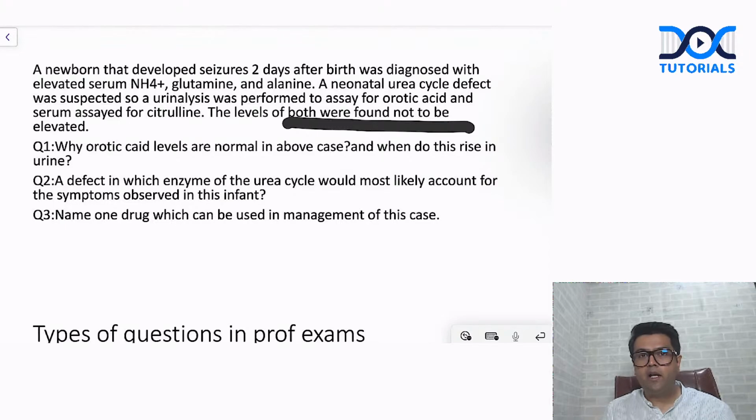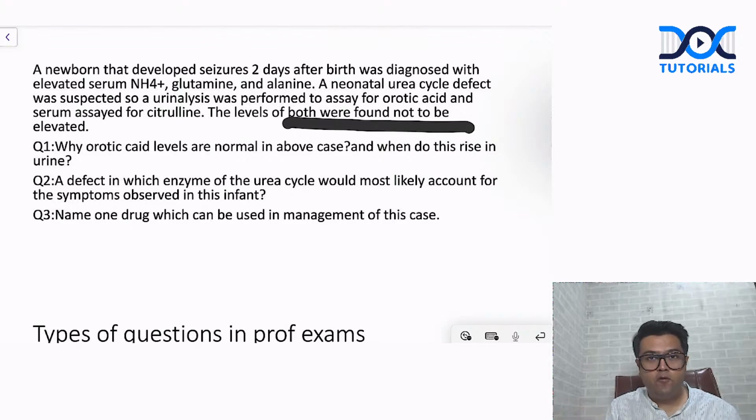Just don't write everything, because no examiner is interested in your stories, right? There are a lot of students and examiners don't have that much time to read each and every line that you're writing, and sometimes these lines may have no meaning. So if you want to get good marks, always highlight.